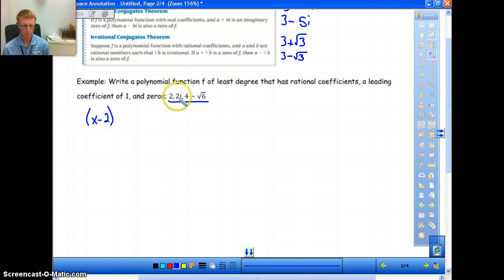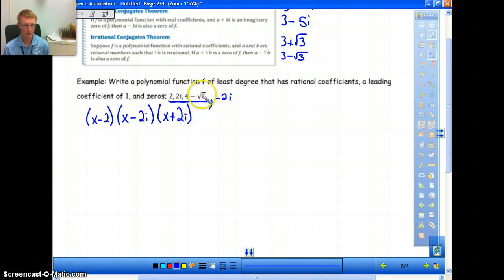Also, we have 2i. Just like we talked about above here, if we have 2i as a 0, then that means we also have negative 2i. So what we would write is x minus 2i. That would be for this 0. And then we have x plus 2i for this 0.